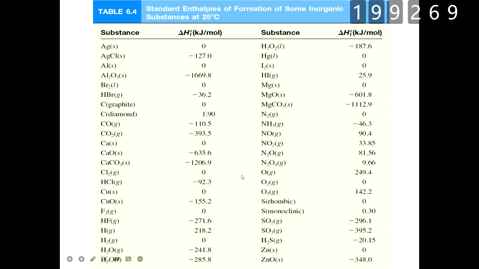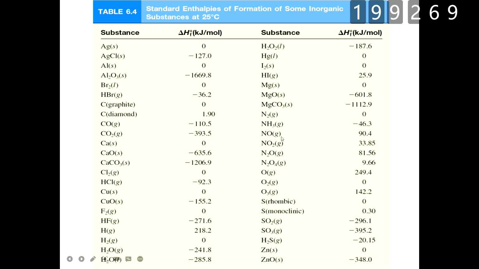Like oxygen. Oxygen can have 3 states: single oxygen atom, 2 oxygen atoms, and this one has 3 oxygen atoms. But among these 3 states, only this one is the most stable, so we set its enthalpy of formation to 0. But the others have some numbers, with high energy.